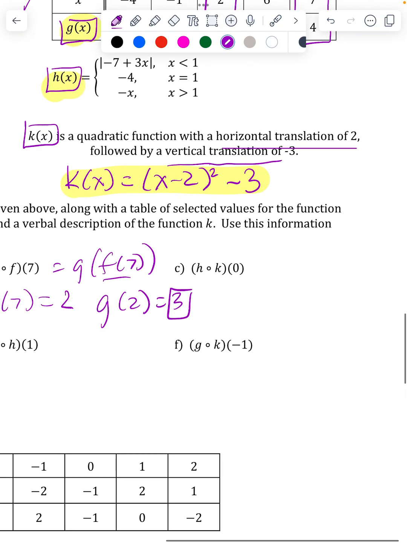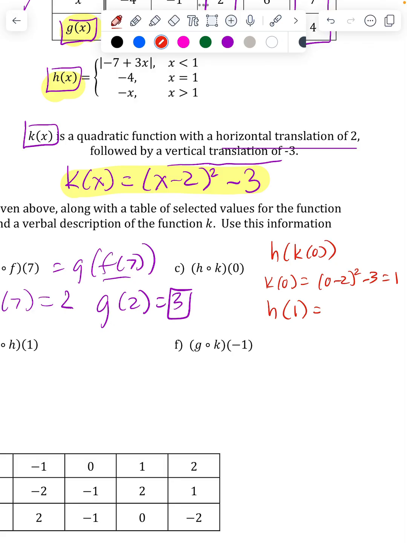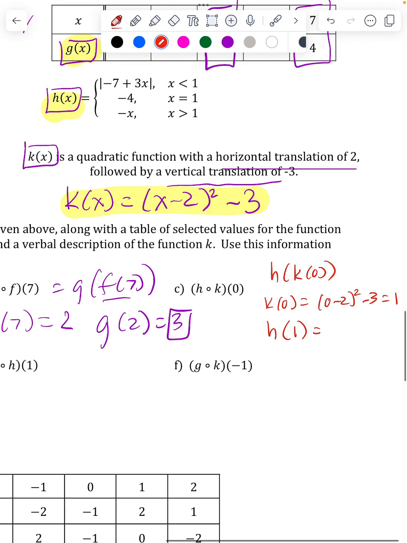In C, I have h of k of 0. So to find k of 0, I have to use the function that I built based on the description. That's going to turn into 4 minus 3, which is 1. So then h of 1 is going to be up here, keeping in mind that these are the x's you input, and then these are the rules for finding your outcomes.